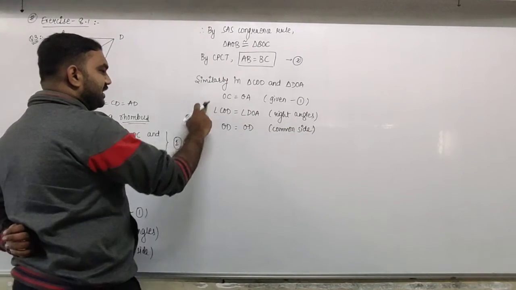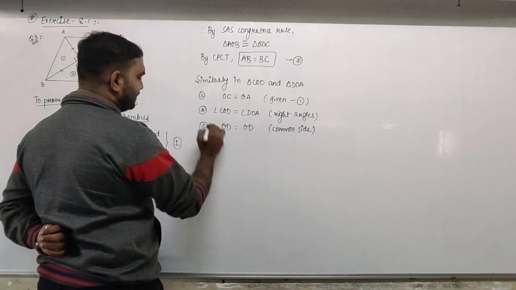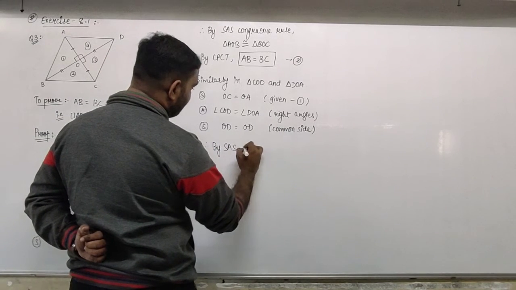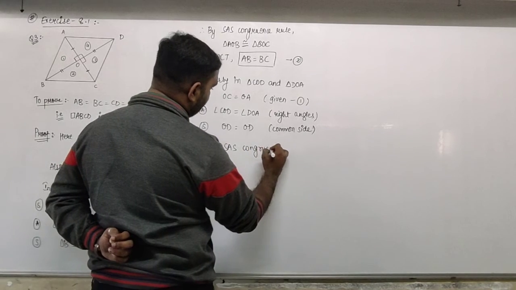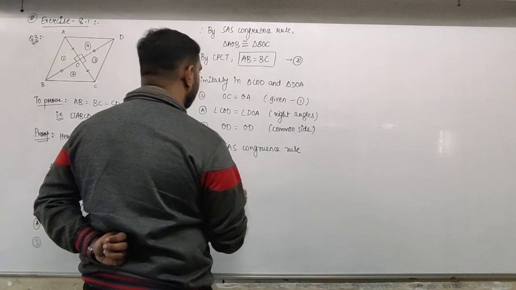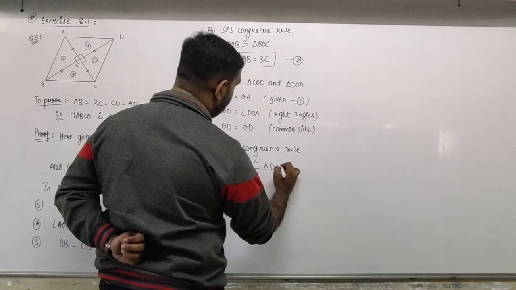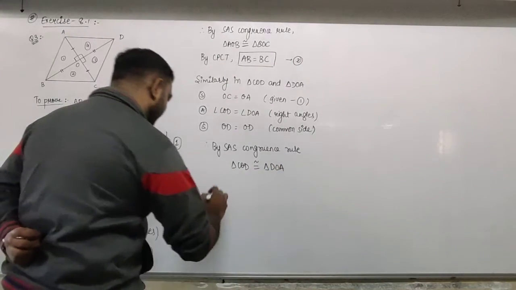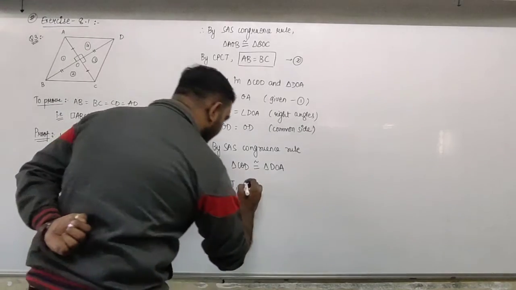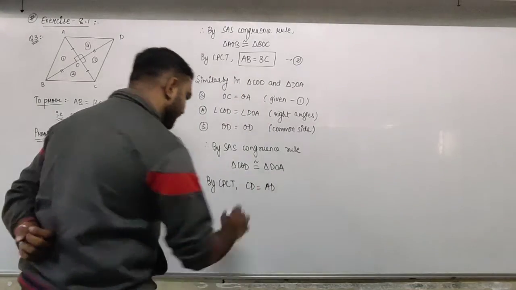Right? OC angle અને OD એટલે again side angle side. Therefore by SAS congruence rule, triangle COD is congruent to triangle DOA, and therefore by CPCT CD is equals to AD or DA.